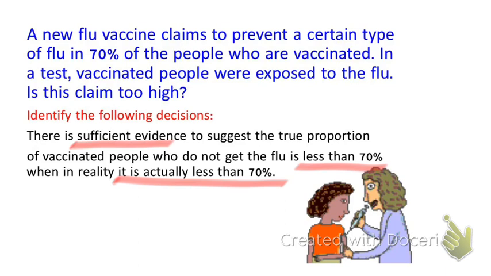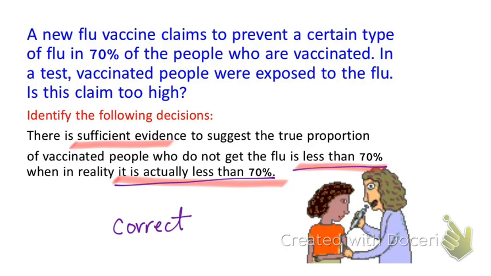Everyone should be reading. So we say that it's less than 70, when in reality it is less than 70. That's correct. So that's a correct decision.